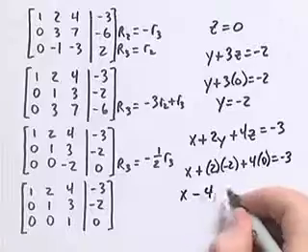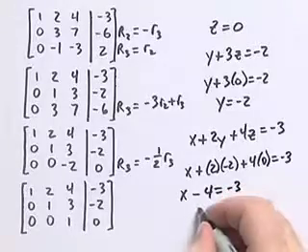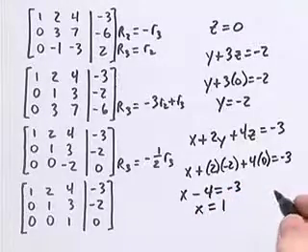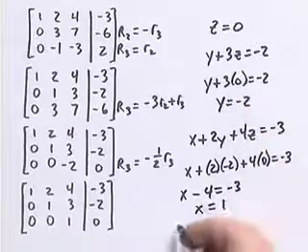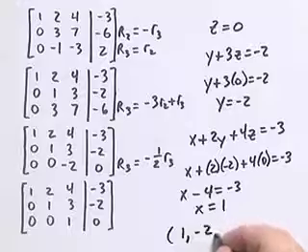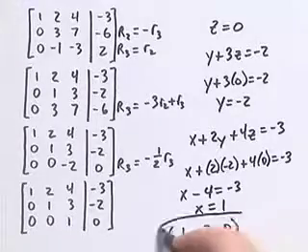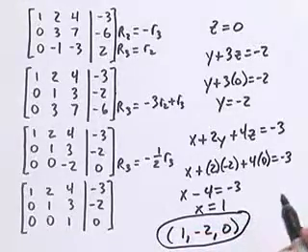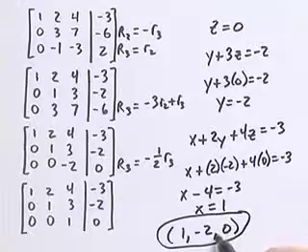So that gives us x minus 4 equals negative 3, or x is equal to 1. Now the values for x, y, and z give us our ordered triple solution, 1, negative 2, 0. Remember, you should go back to the original system of equations and verify that this is indeed the solution and it satisfies all three of the equations.